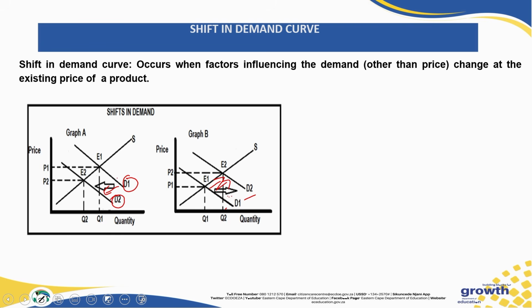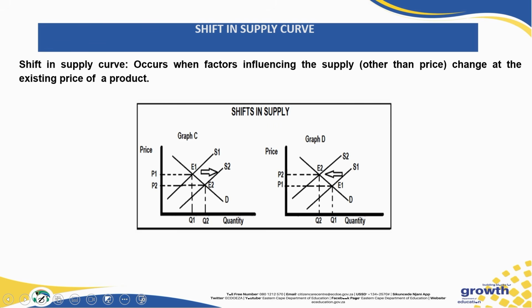Let's go to the shift in supply curve. The shift in supply curve also occurs when the factors influencing the supply except price change at the existing price of a product. So if, as I've said before, the quantity supplied increases, the supply curve will shift to the right.